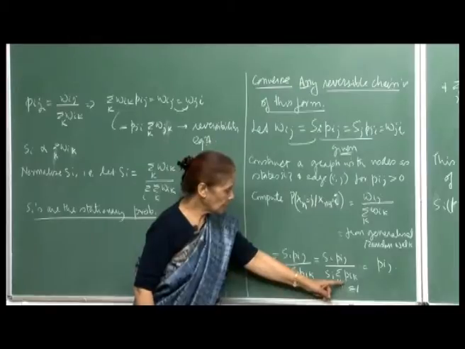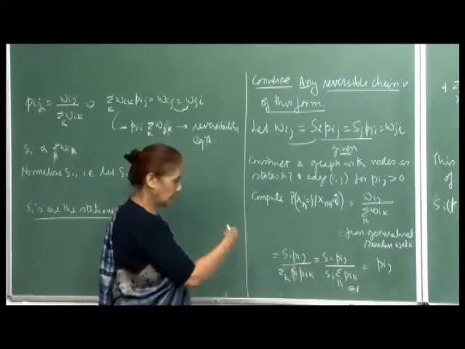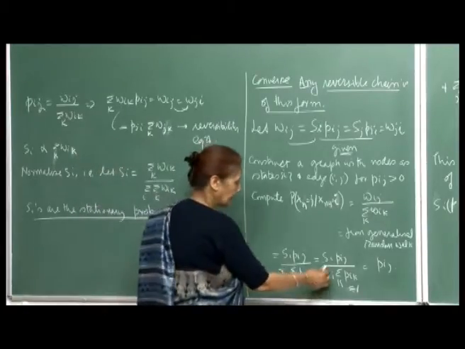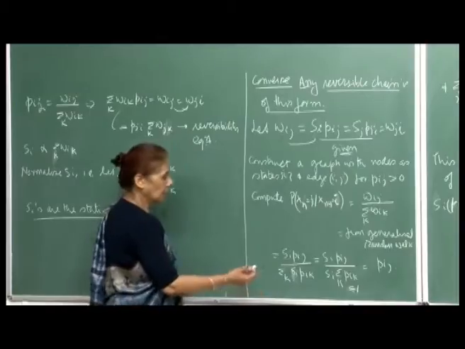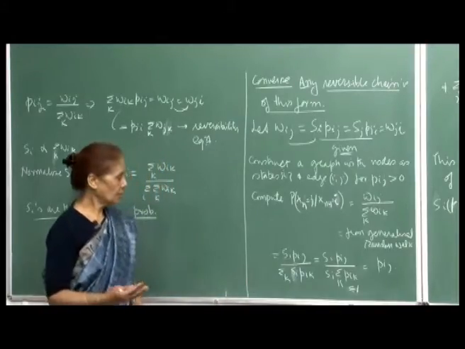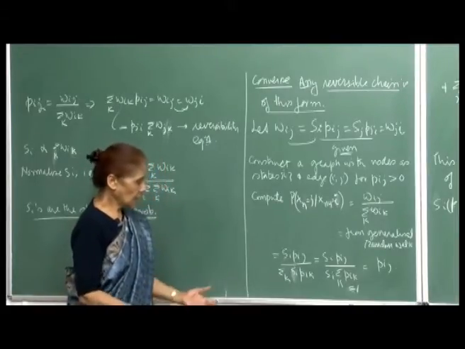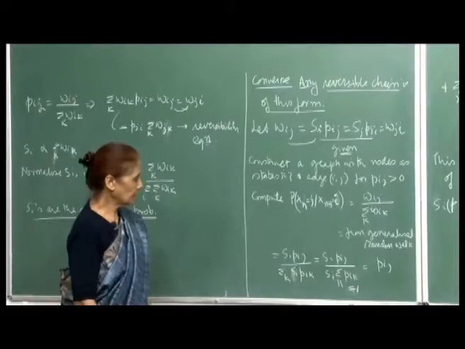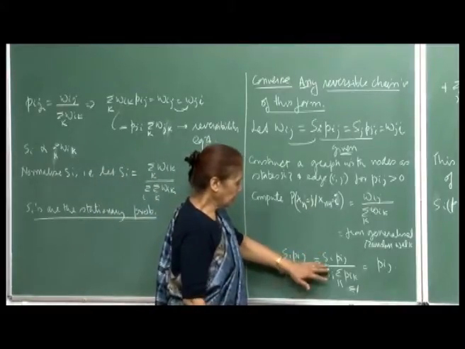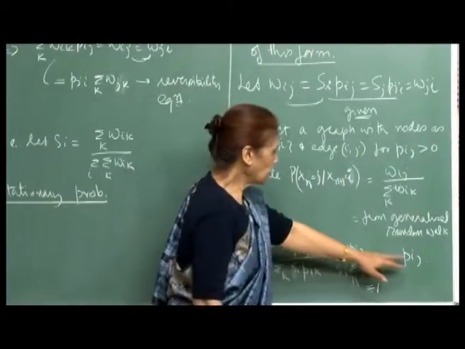So, this is equal to 1. Then Si cancels. As I said earlier, and I will repeat it, the Si's are not 0, because if an Si is 0, then the probability of being in that state is 0, and so we can always remove that state from the process and work with a reduced process. So, these are meaningful only when the Si's are not 0. So, Si gets cancelled and you are left with Pij.